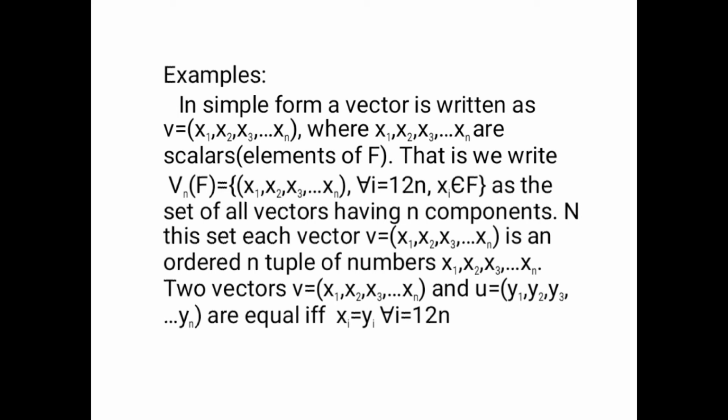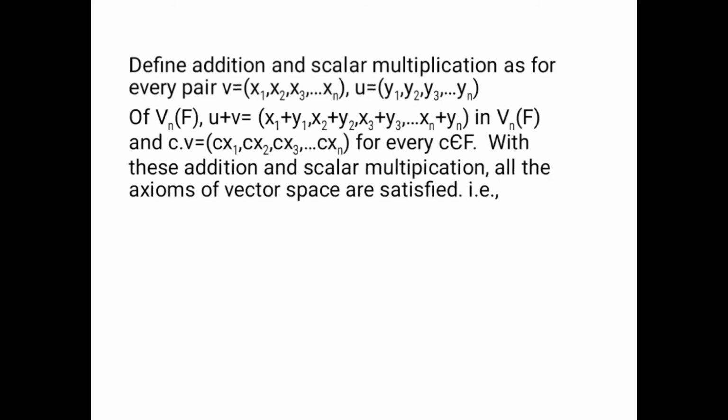So we first define the addition in V. Let u and v be two vectors. Then we define u plus v or v plus u, as it must be commutative. You can see that one. We define u plus v by adding vectors component wise, that is x1 is added to y1, x2 is added to y2 and so on, and each component is written in terms of u plus v.